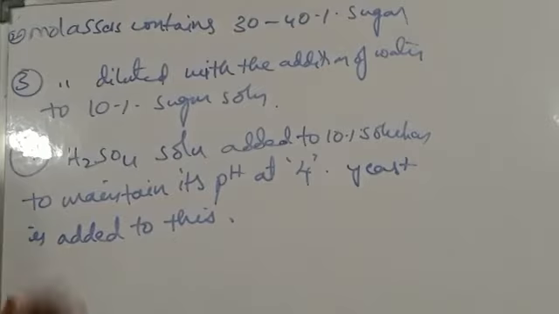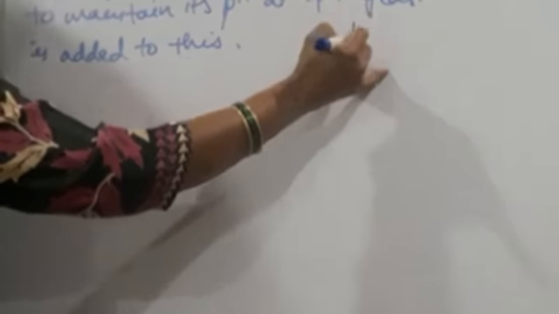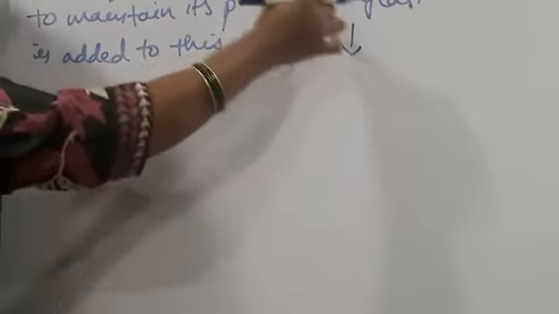Then this 10% diluted solution is cooled to 30 degrees centigrade and kept for 2 to 3 days. One more thing: after the addition of yeast, we may add ammonium sulfate or ammonium phosphate to this solution.